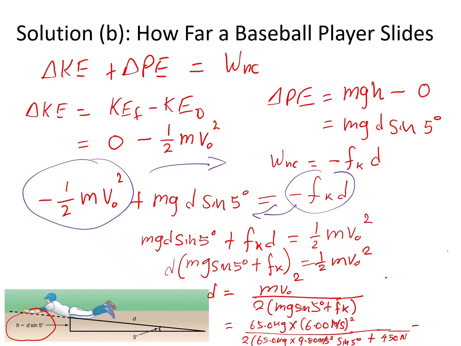And this is equal to 2.31 meters. This is shorter than 2.6 meters, which matches our prediction because gravity and friction both help stop the player.